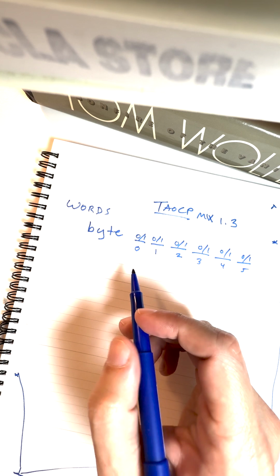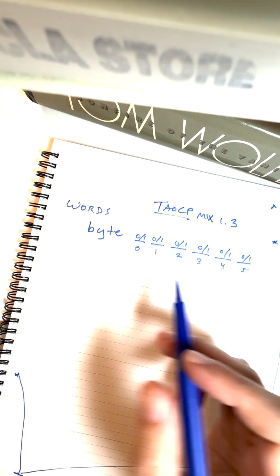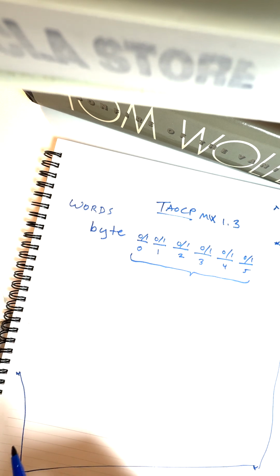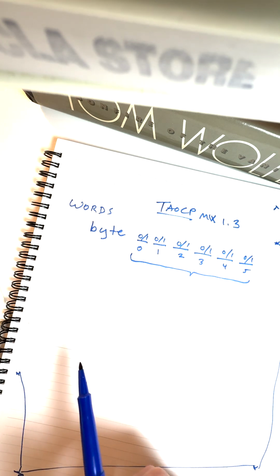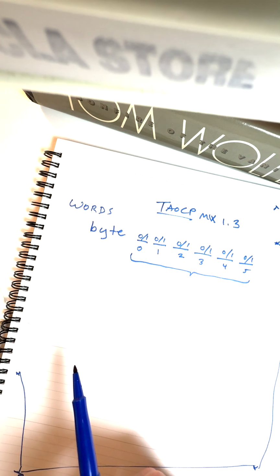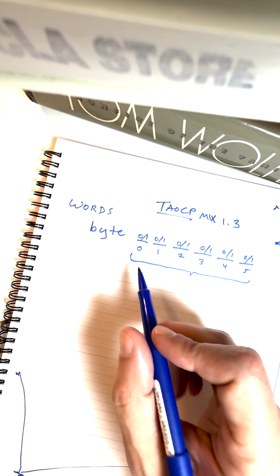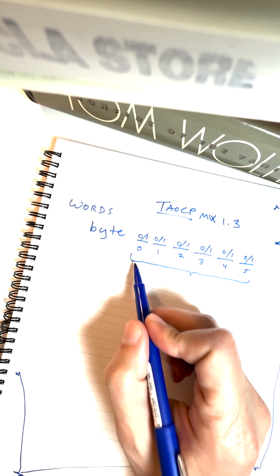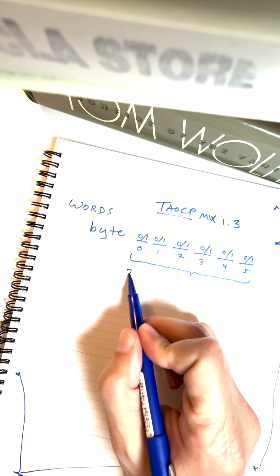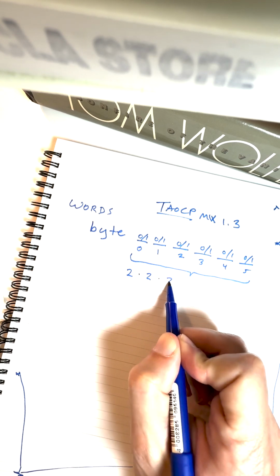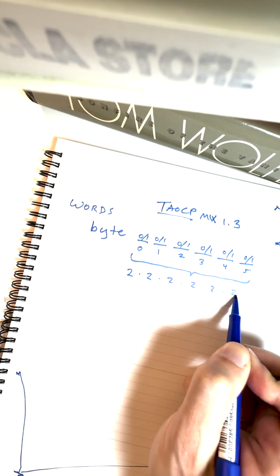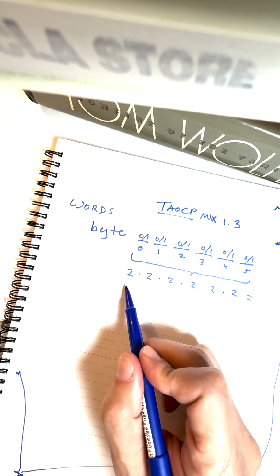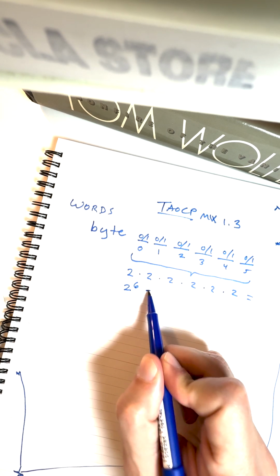And we know that the permutations of these, where order does matter, would be 2 times 2 times 2 times 2 times 2 times 2, which is equal to 2 to the power 6.